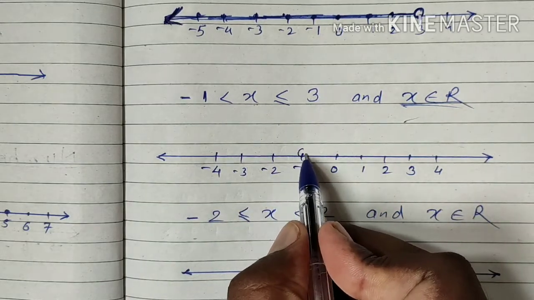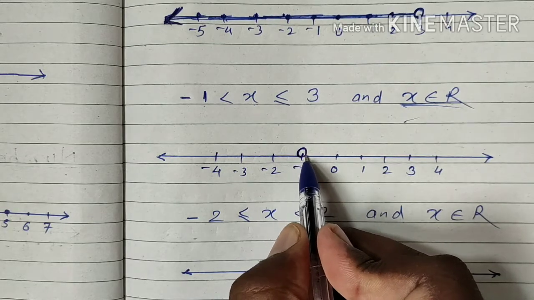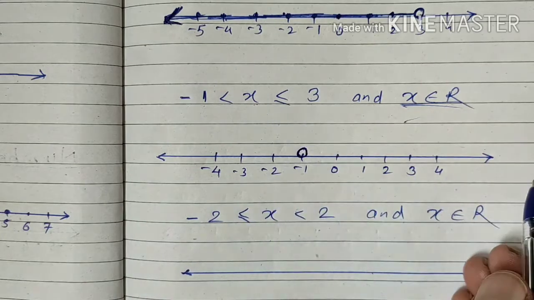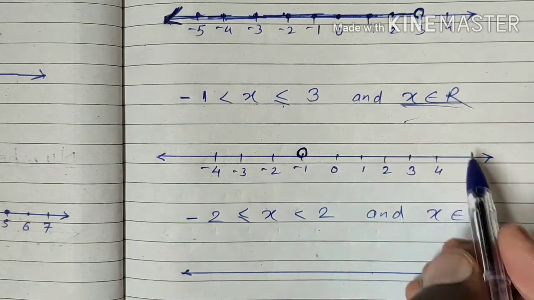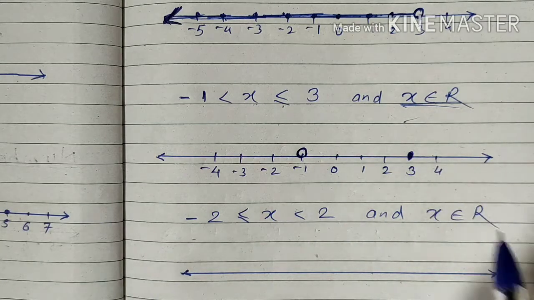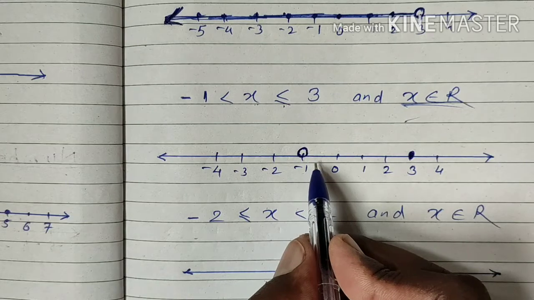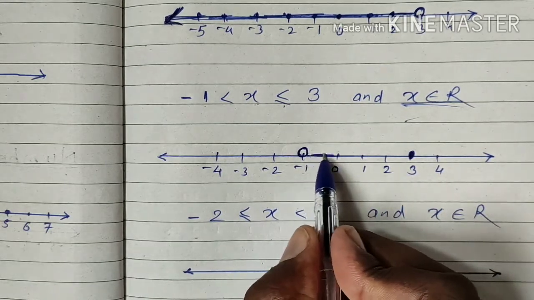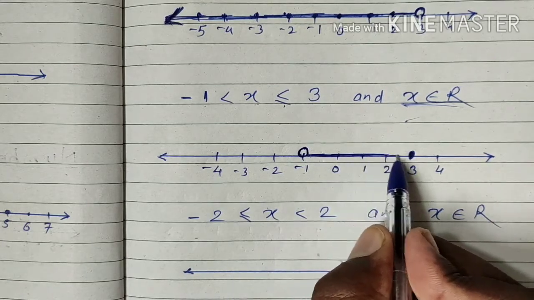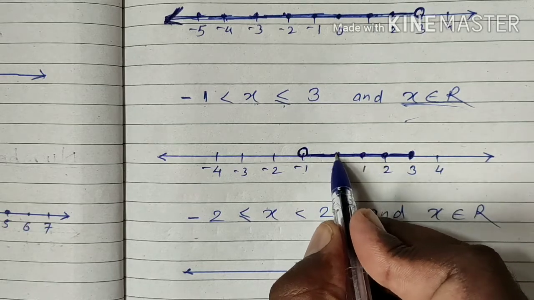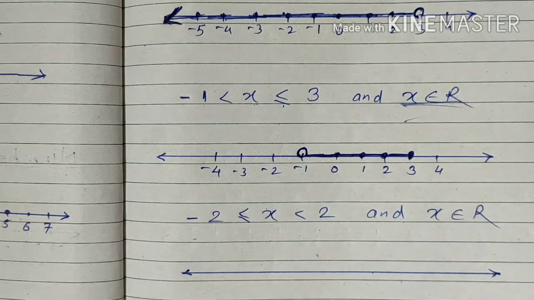That means minus 1 is not a part of our set, so we give it a hollow circle. But X is less than or equal to 3. Since the equal to sign is there, 3 is included in our set. All the numbers, whether fraction or decimal, between minus 1 and 3 are included. So we give the dark line and darken this point too. Got it? So this is the representation of inequations on the number line.